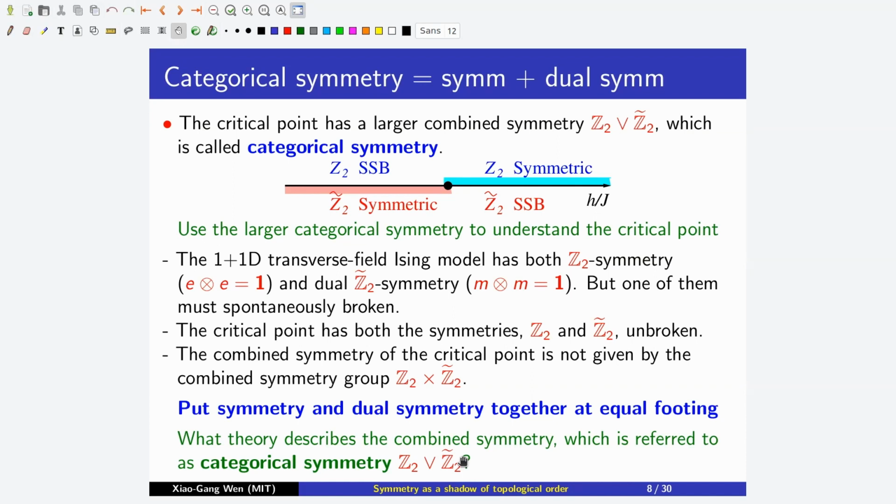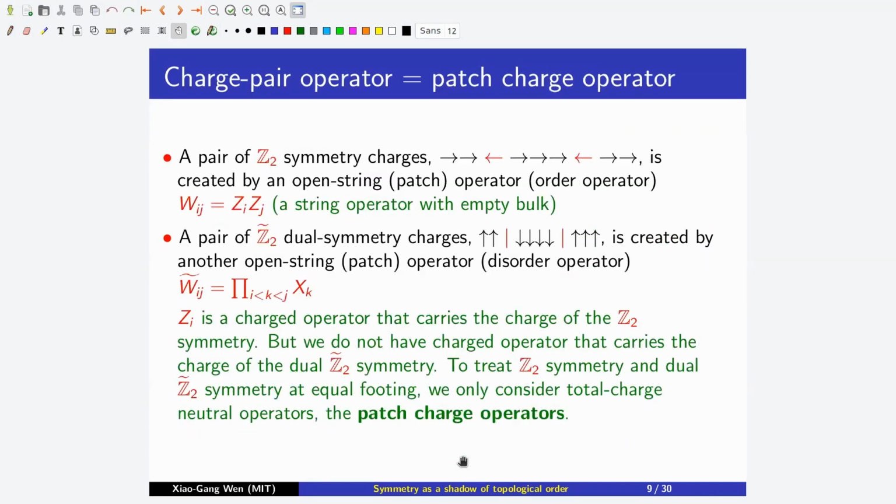And to see this actual feature, we look into these two symmetries more carefully. So one thing is we consider the so-called charge pair operator. We consider an operator which creates a pair of charges. To create a pair of charges for the symmetry charge, we need a two-Z operator.